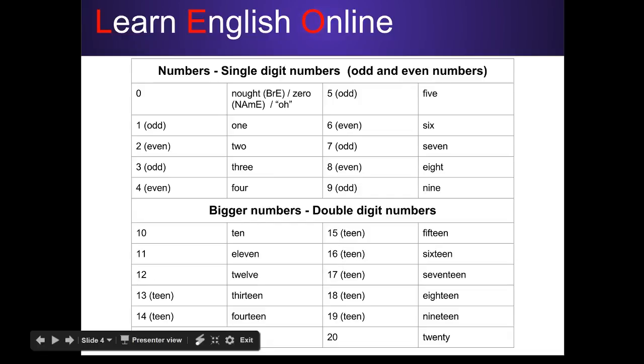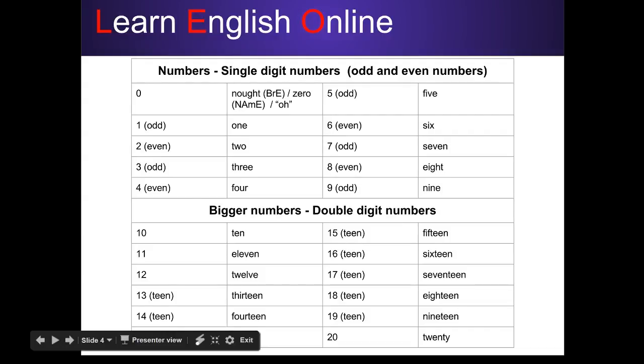Single digit numbers, 1 digit. Double digit numbers, 2 digits, and they go above 9. So when you're writing the figures, the numerals, you've got 2 digits, double digits. Single, 1, like singular, double more than 1.